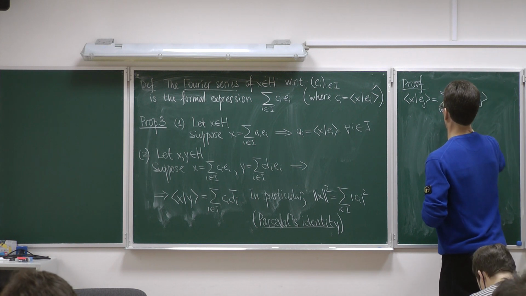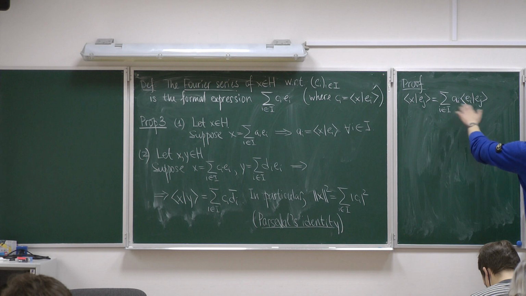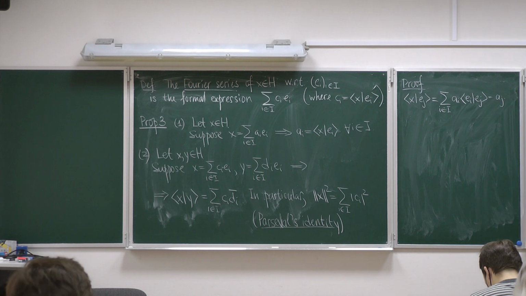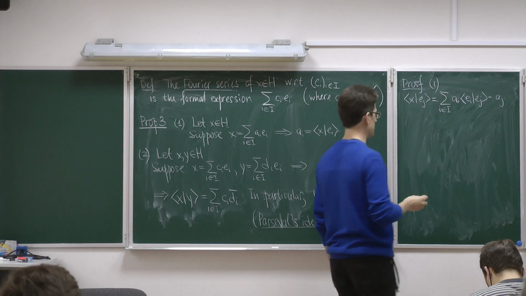Here we use the fact that the inner product is continuous. So if I is countable, then we can use the continuity of the inner product and write this formula. And this is nothing but Aj. So only one summand survives here. And this proves part 1.